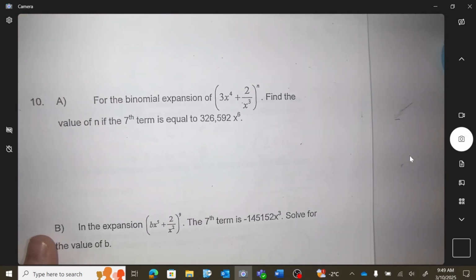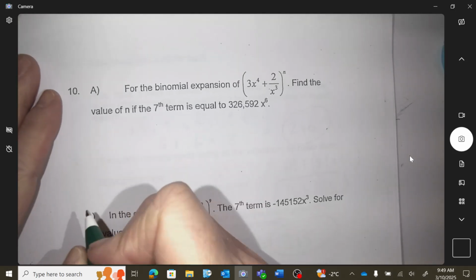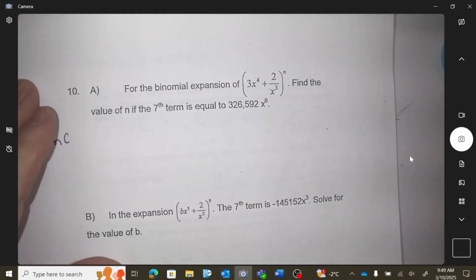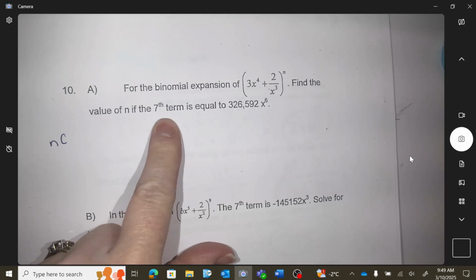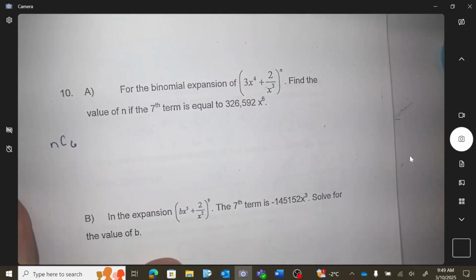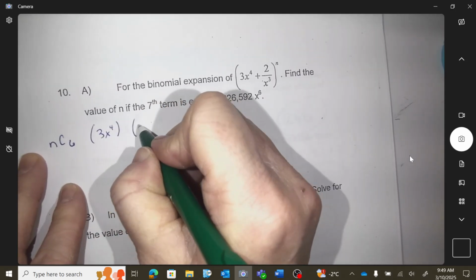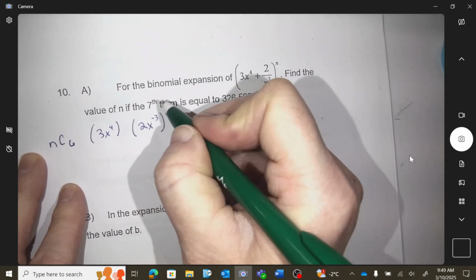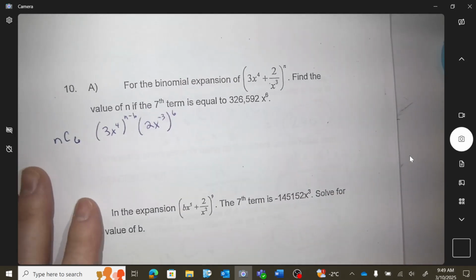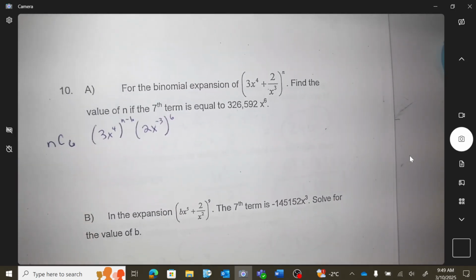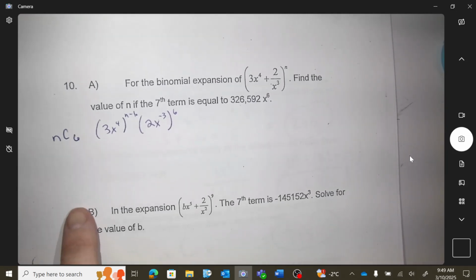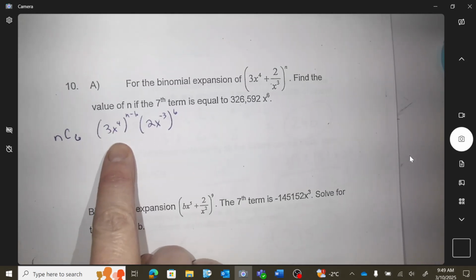Okay, so I'm going to show you that if I started with the formula, I wouldn't have enough info. n choose, well, the 7th term would be a 6, 3x^4, 2x^-3, this would be a 6, and this would be an n minus 6. Do you see that I don't have enough info to actually do the whole formula, right? Because I don't know this, I'm not going to know this part.